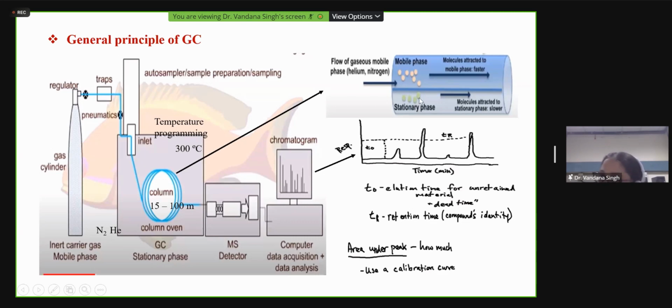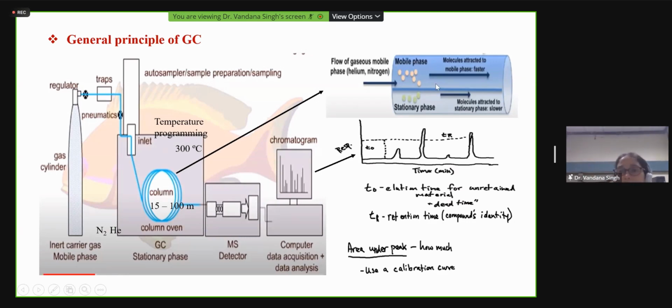However, an analyte with the least solubility will move through the column faster. Similarly, an analyte with a very high boiling point is least volatile and will also leave the column very slowly. However, highly volatile compounds will move faster through this column.